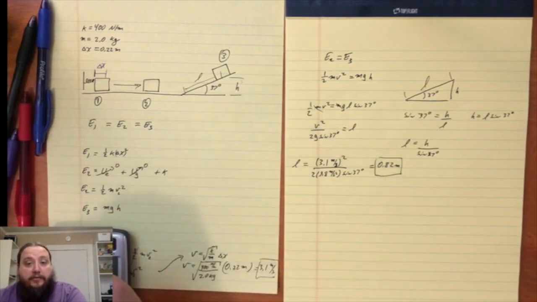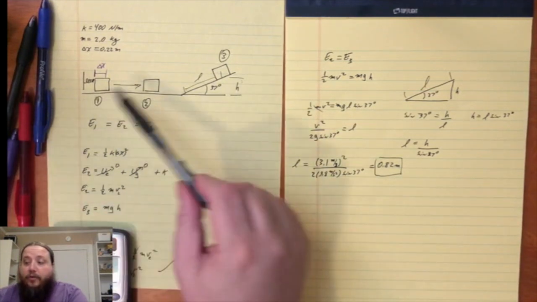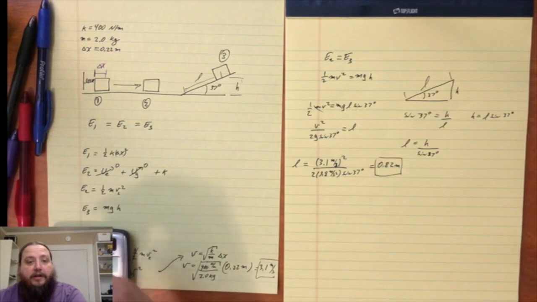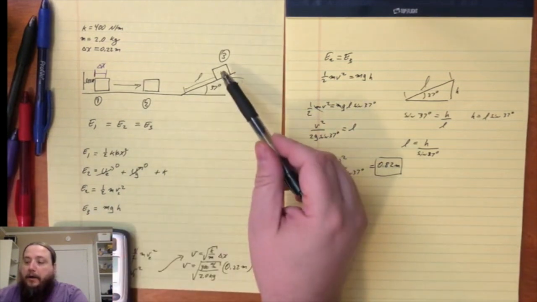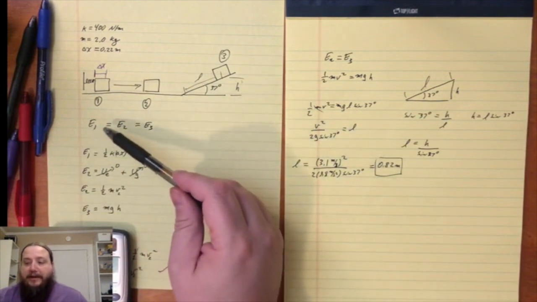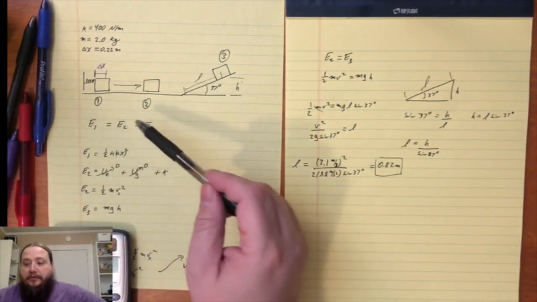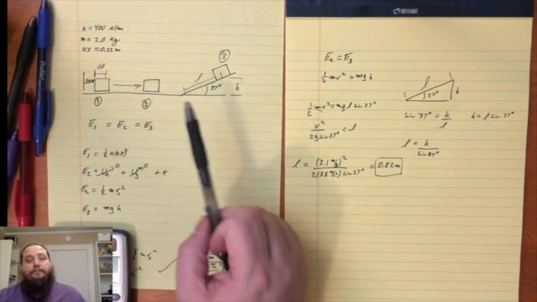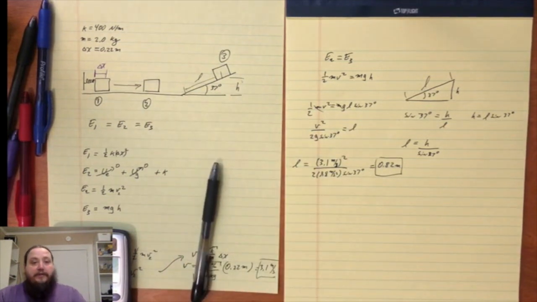We'll see some examples next time where it doesn't quite split apart so cleanly, but it is still going to be the case that we can always write down energy 1 equals energy 2 equals energy 3, or whatever, and initial energy equals final energy, if all of the forces are conservative.